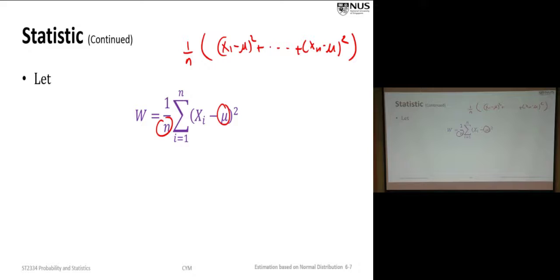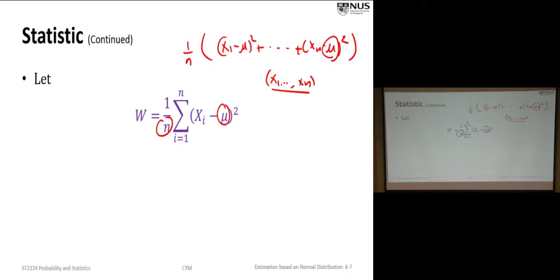Now, for a statistic, it is not just a function of the random variables. You also need to make sure that once you have the data, you are able to compute the value of the statistic. If we take a sample, what we get will be x1 up to xn, but we don't have the value of mu.